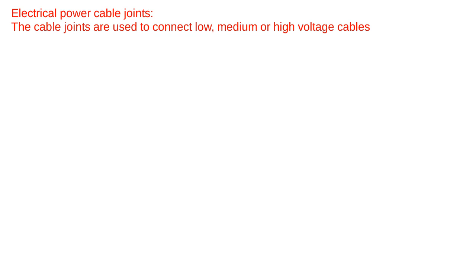The type of cable joint, sizes, shapes, and configurations vary according to the voltage, structure, insulation, and the number of cores of the cable to be jointed.